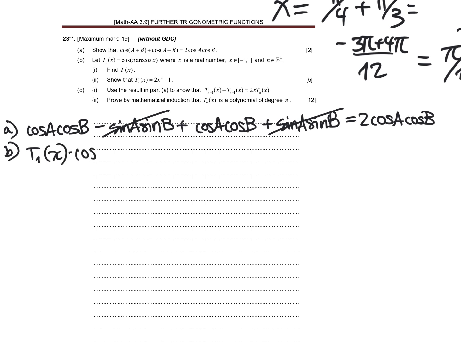So cosine of 1 times cosine inverse x, so that's equal to x. Okay, so T_2 is cosine of 2 times cosine inverse x.